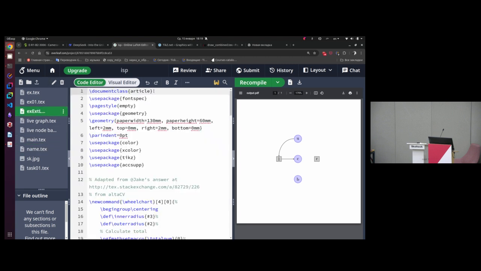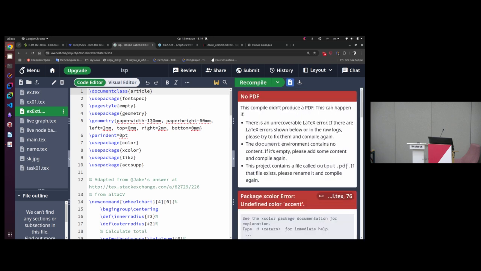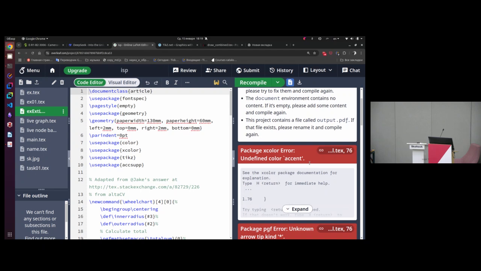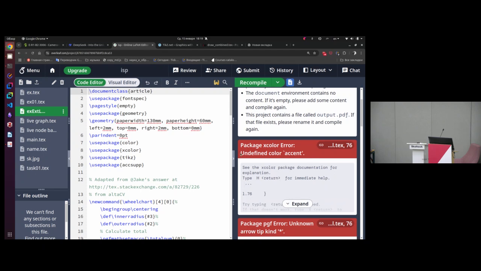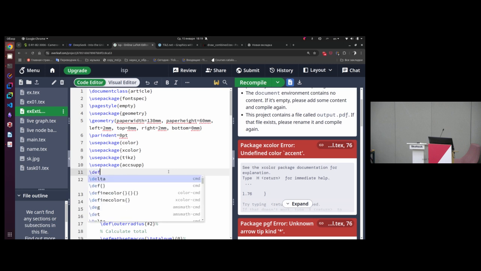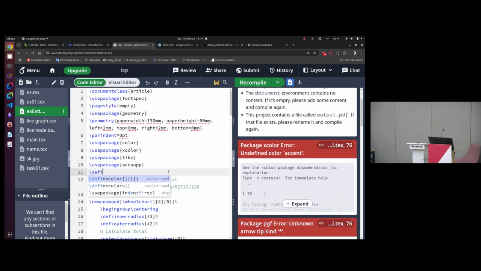We uploaded it. The people who did level 2, you are the great ones. So let's try to make it in an additional way. Okay, the first thing that we see is an undefined color accent. So what you need is to define the color accent.